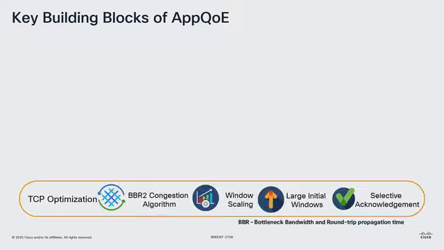What are these? Firstly, we have what is known as TCP optimization. This uses various things like congestion algorithm modification, window scaling, large initial window concepts, and selective acknowledgement. All are TCP-based concepts, which will reduce the latency that you see on the WAN links and get you better performance.